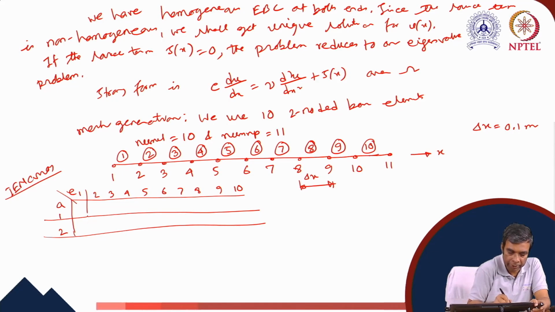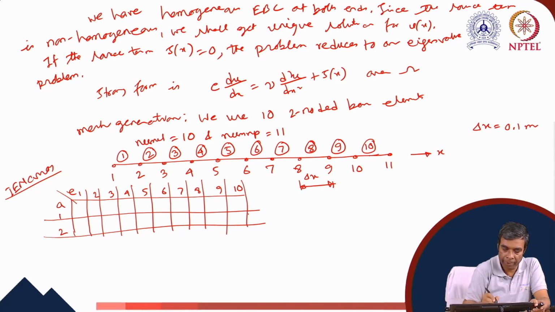So we fill the boxes here. For element 1, our global nodes are 1 and 2. For element 2, these are 2 and 3. For element 3, these are 3 and 4. And accordingly, we have 4, 5, 5, 6, 6, 7, 7, 8, 8, 9, 9, 10, 10, and finally 11.